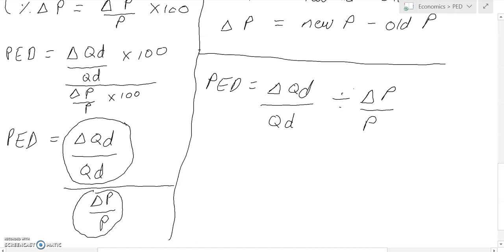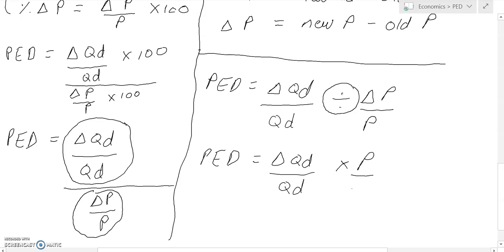Now, if you want to convert a division into multiplication, you need to take a reciprocal. So we have delta QD upon QD into price upon change in price.